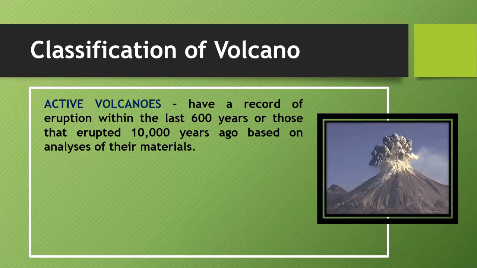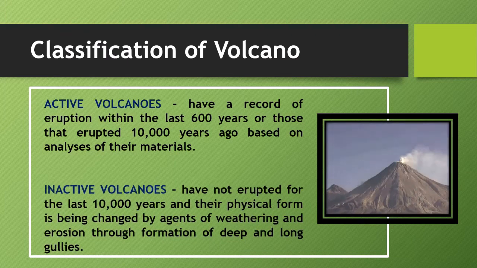We can also say that a volcano is active if it erupts on a regular basis or at a regular interval. The opposite of active volcanoes are what we call inactive volcanoes. They have not erupted for the last 10,000 years, and their physical form is being changed by the agents of weathering and erosion through the formation of deep and long gullies.